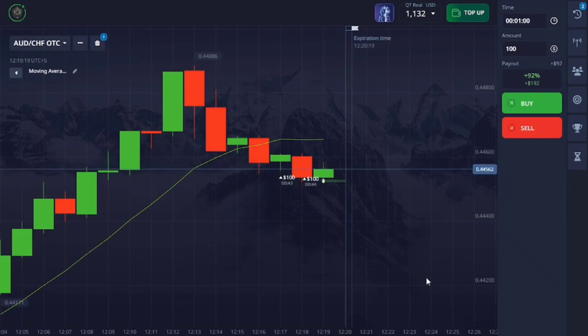The reason for placing the trade is that the market is pumping from this zone in the up direction. So this candle must have gone up and our trade will definitely win.